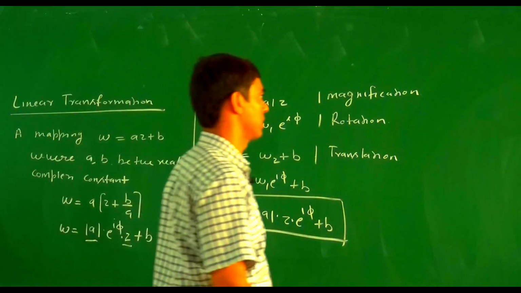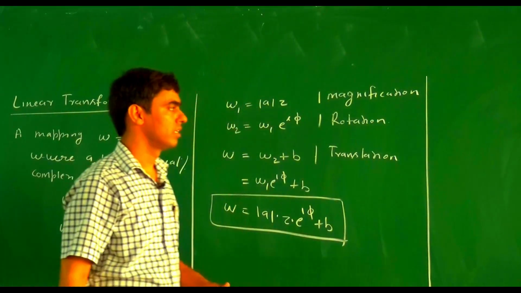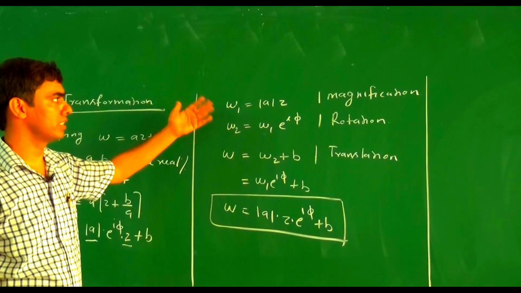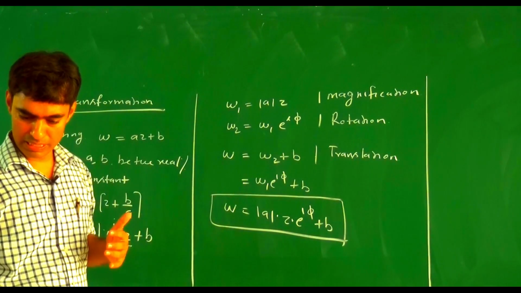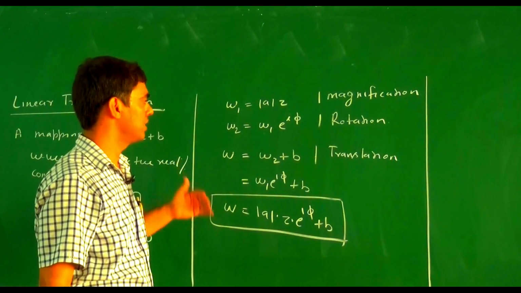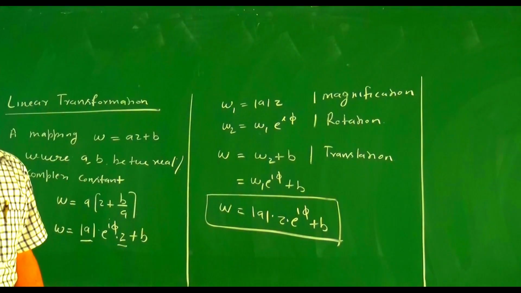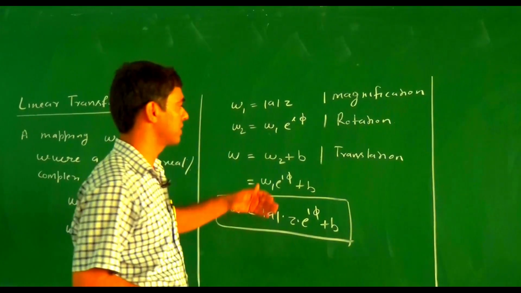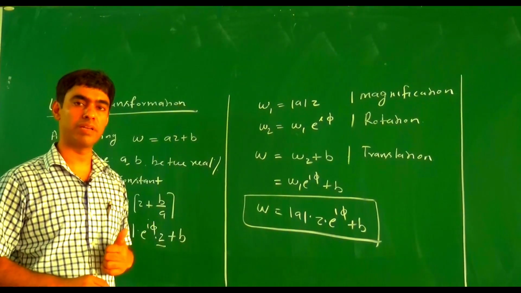Now one by one we discuss, with the help of examples, what is the meaning of a translation, a rotation, and a magnification. First we take the example of a translation, then a rotation, then a magnification.